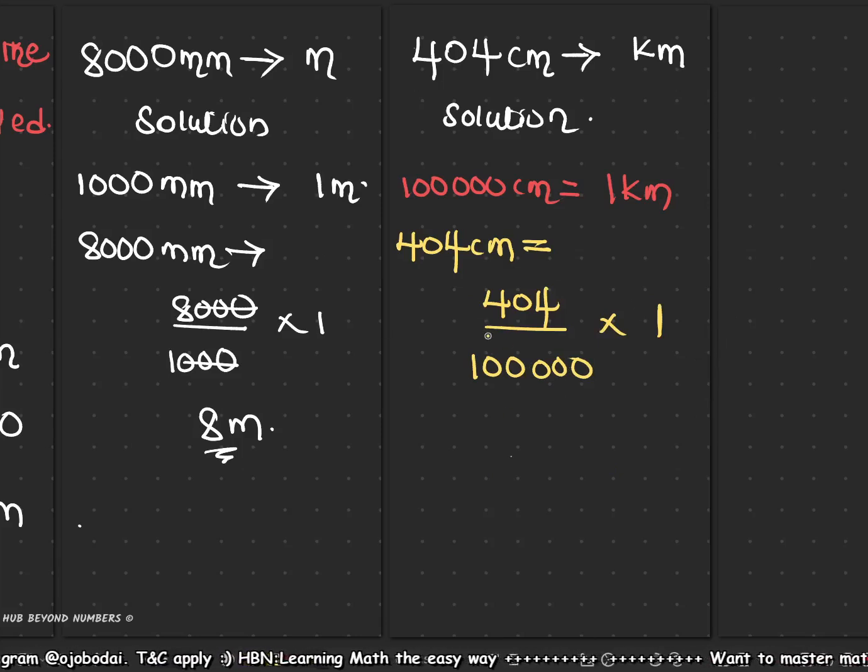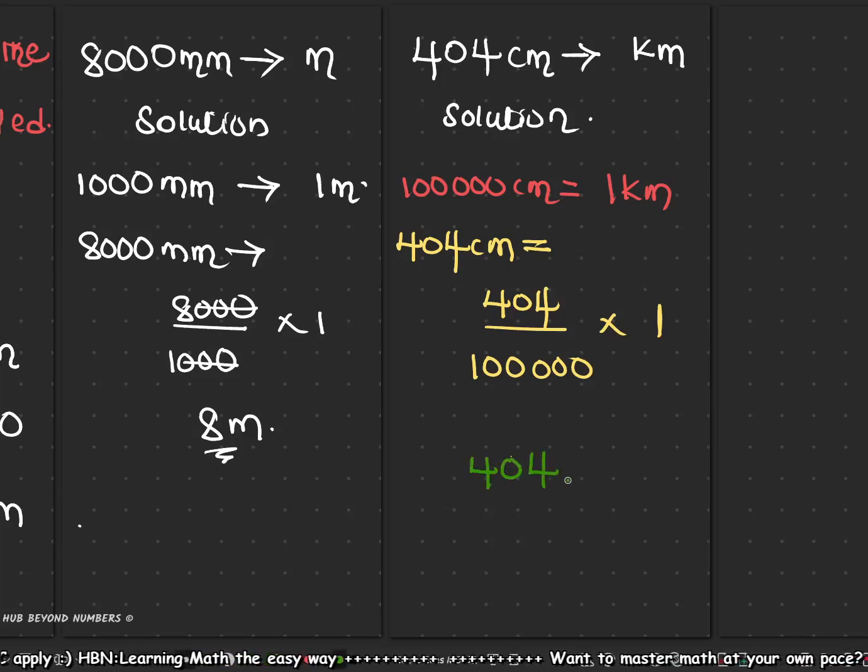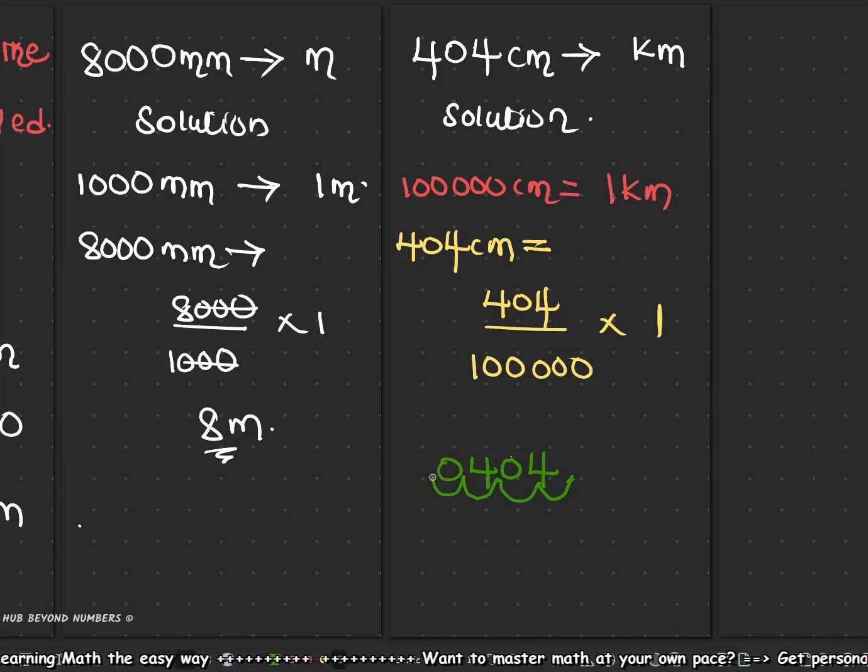If we have something like this and we want to evaluate it, how many zeros do you have? 1, 2, 3, 4, 5, right? So writing our 404 here with our decimal point, we are moving it 5 times to the left. 1, 2, 3, 4, then we have our 5.